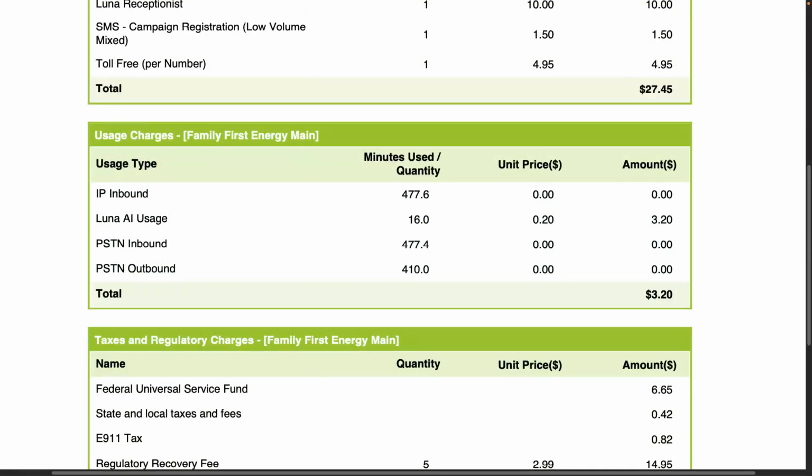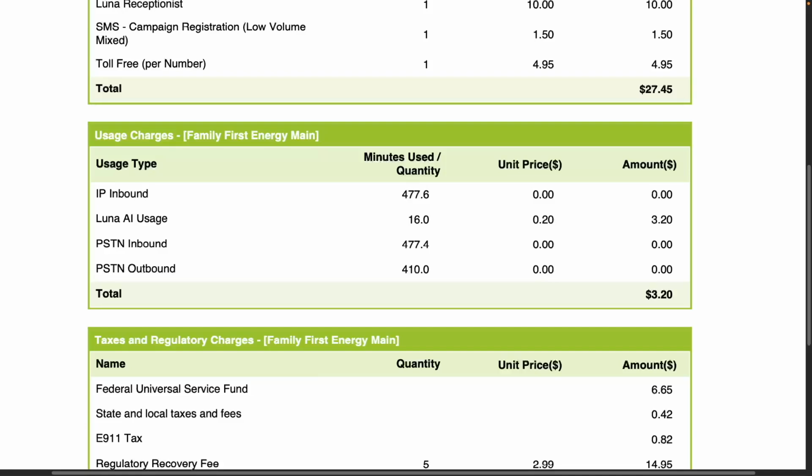Now let's look at usage charges. Usage charges are typically billed after the usage happens, which is why they appear in the prior month section instead of the prepaid upcoming month section. In this section, you'll see a breakdown of different usage types, including inbound and outbound calling, as well as Luna AI usage.